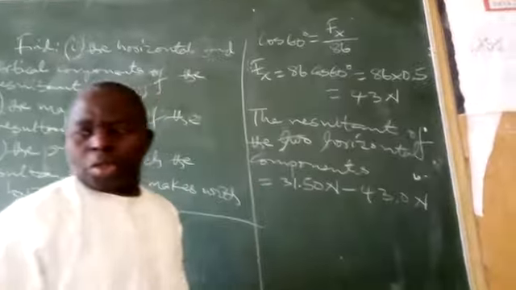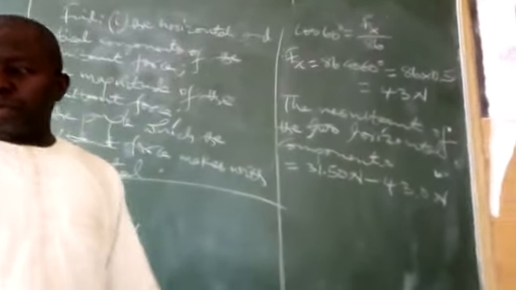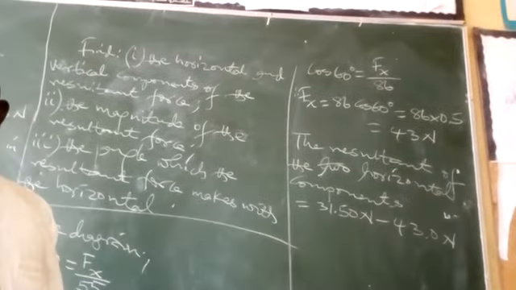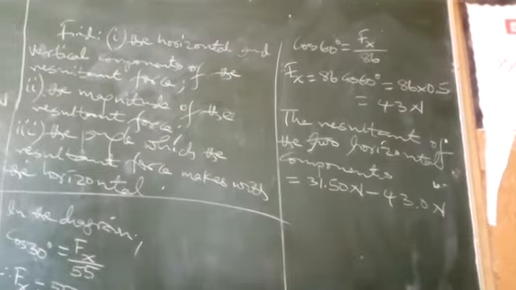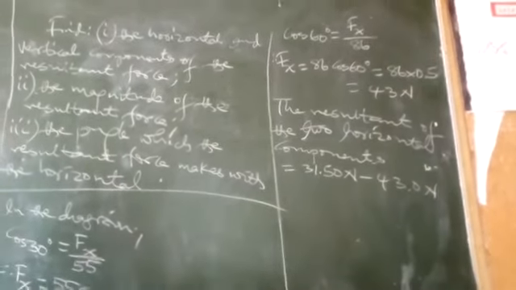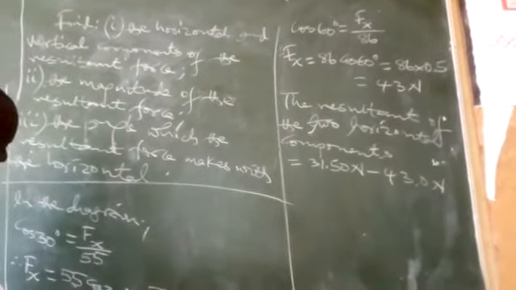So what do you have? This minus that. 31.5 minus 43 is minus 11.5. Minus 11.5 Newton. I think that's what they are.